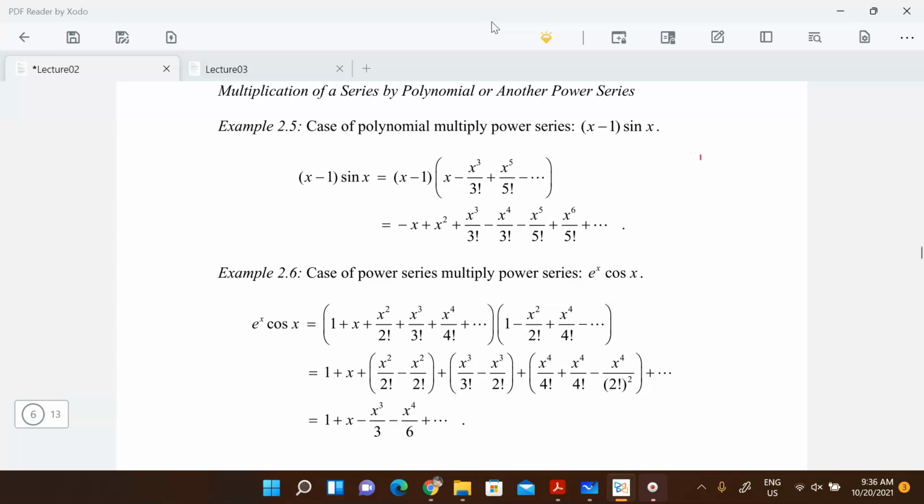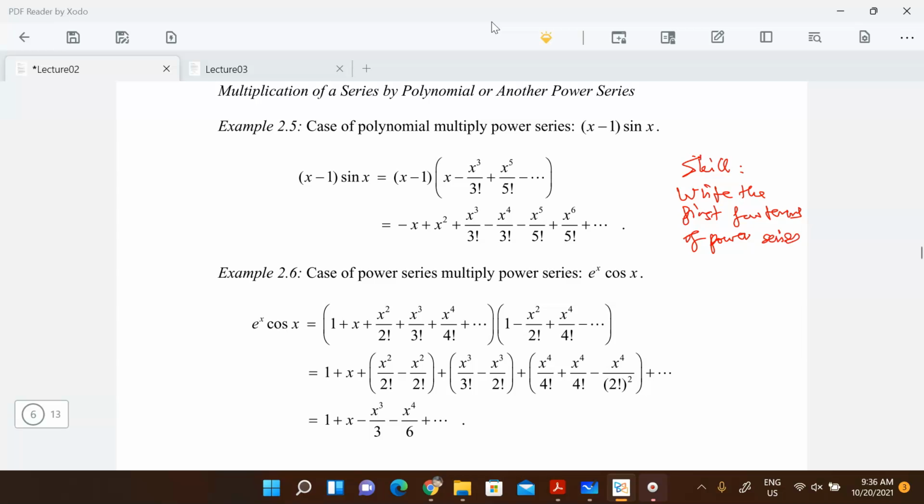So, the skill that you need to know is to write the first few terms of your power series.